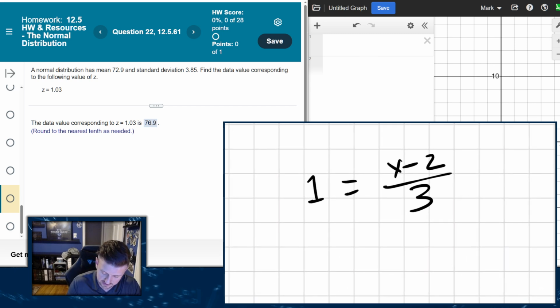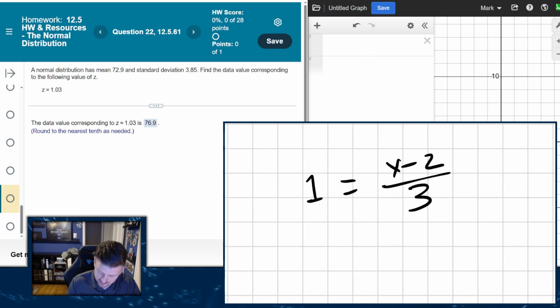So let's solve this one. I need to see what x would be. To do that, I'm going to multiply both sides by 3. When I do that, this is technically a 3 over 1, and if I have a times 3 and a divide by 3, 3 divided by 3 reduces to 1. That's why I'm choosing to multiply both sides by 3.